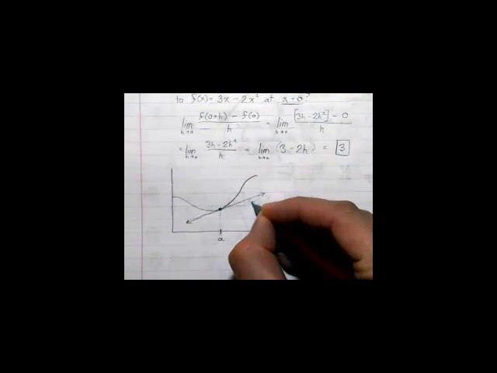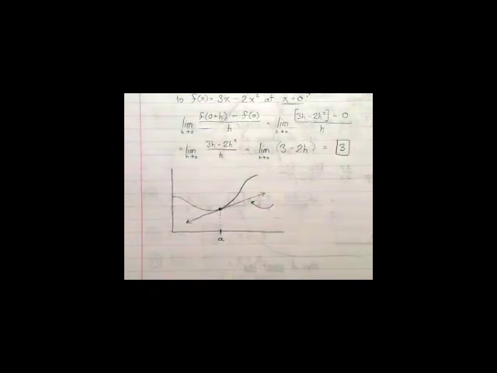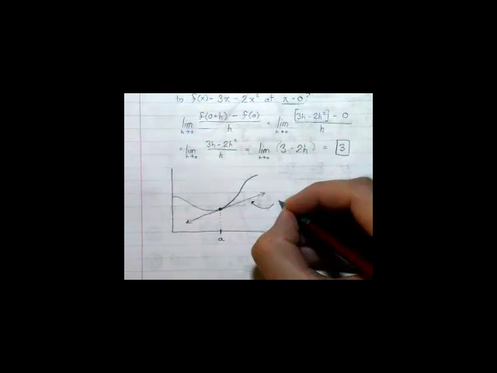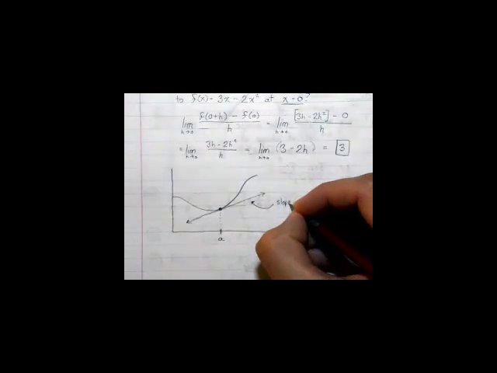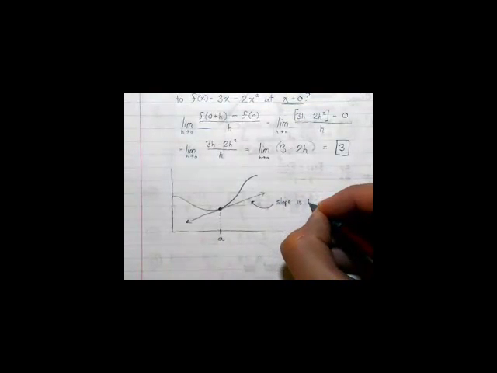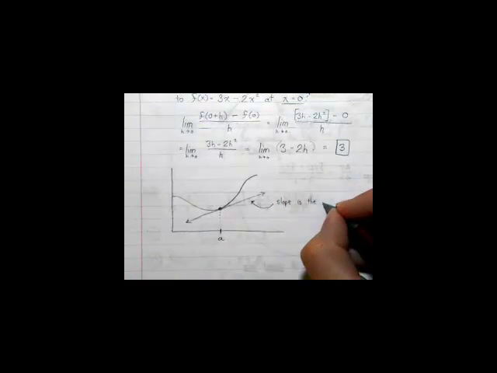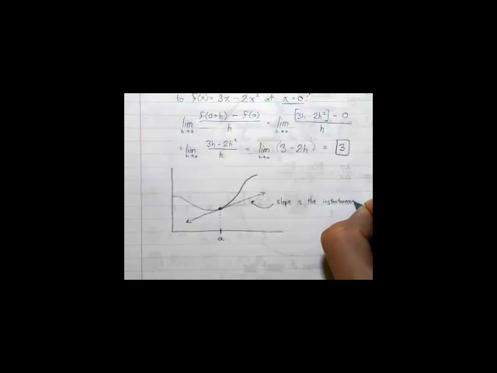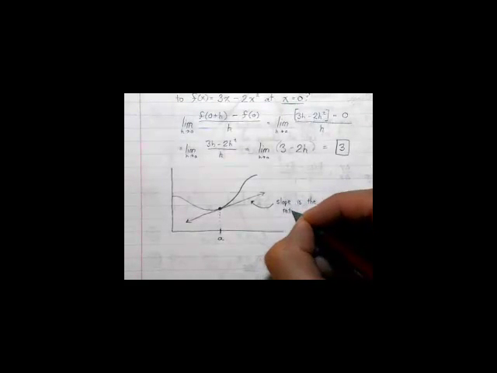Well, we've already talked about a method to find one piece of information about that line. Its slope, right? We just discussed the slope of this is the instantaneous rate of change.